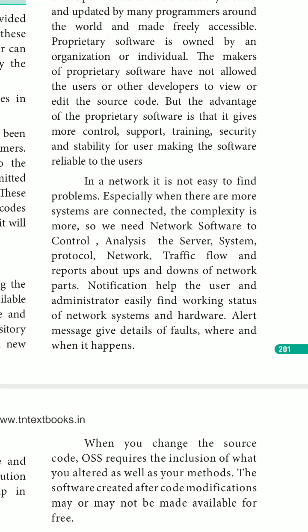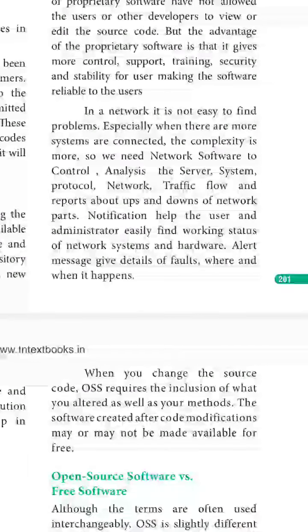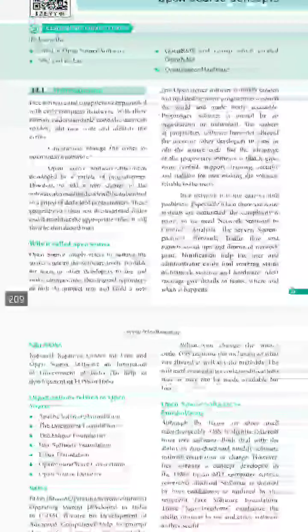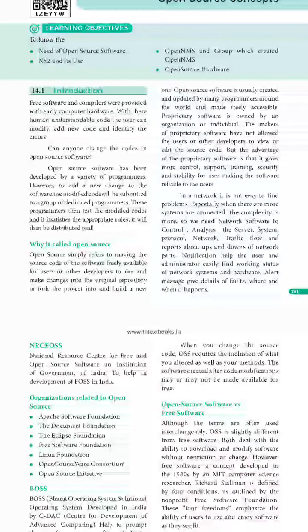A notification helps the user and administrator easily find the working status of network systems and hardwares. Alert messages give details of faults, where and when they happen. So this kind of open source software is available for networks also. We are going to see these open source network softwares to manage your network.